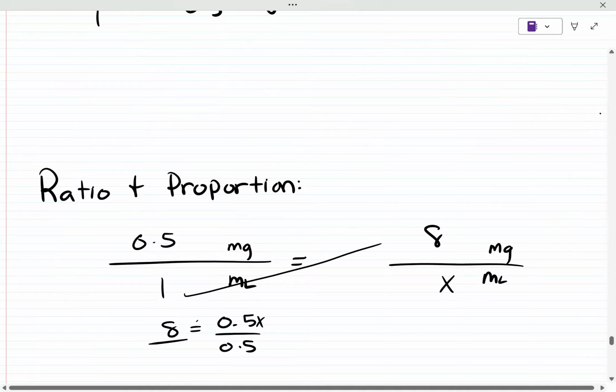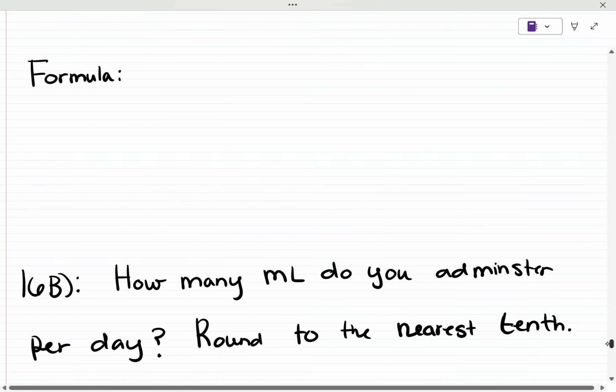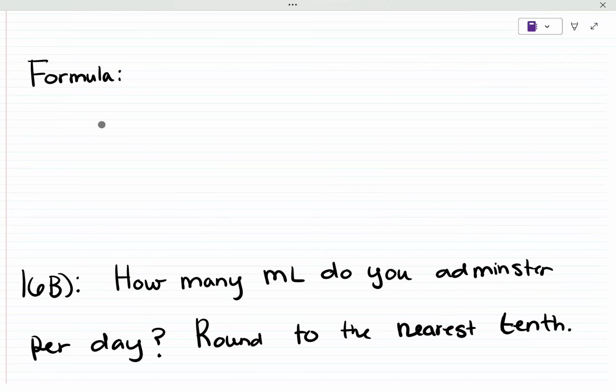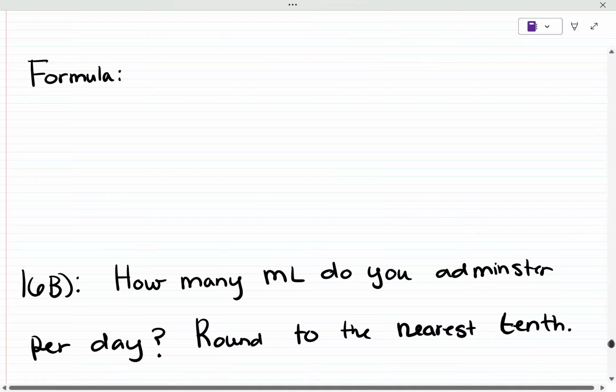Divide by 0.5, you get 16 milliliters. The formula method: our desire was 8 mg over 0.5 mg times 1 milliliter. That's going to be 16 milliliters.